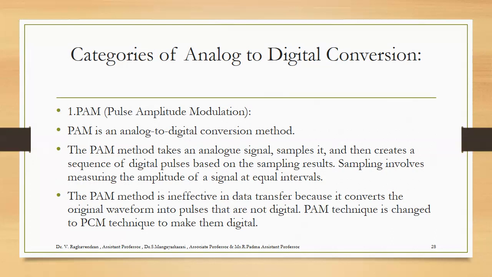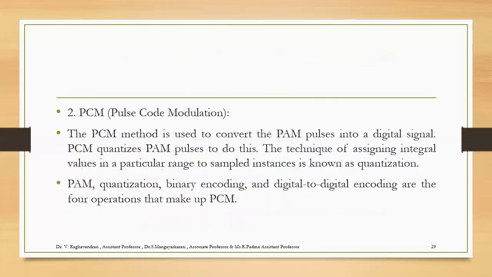The PAM method is ineffective in data transfer because it converts the original waveforms into pulses that are not digital signals. Only if the PAM technique is changed to the PCM technique is it possible to make them into digital signals. So the second category is PCM, pulse code modulation.